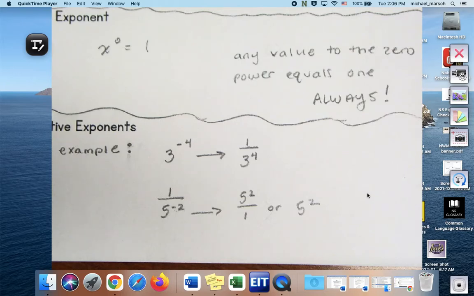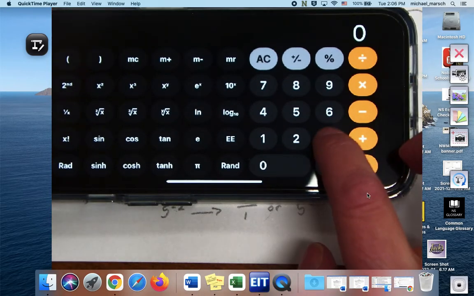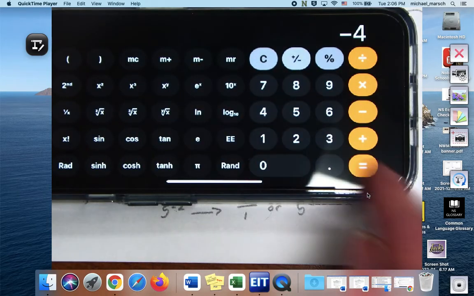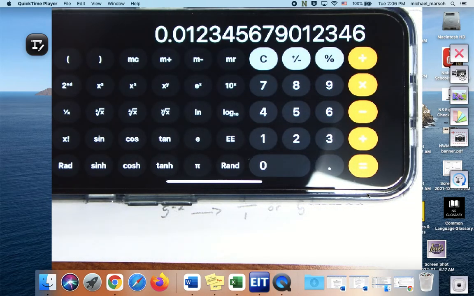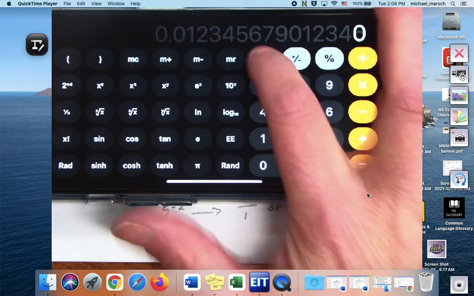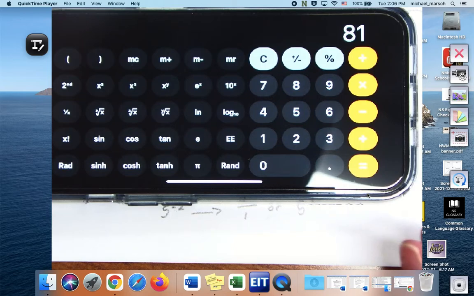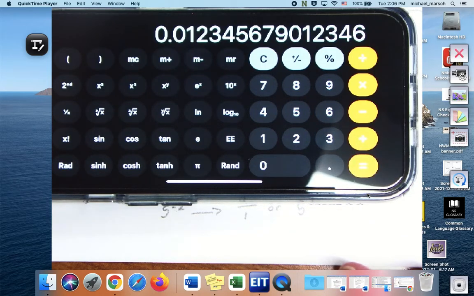Can you guys see that okay? 3 to the negative 4, I get this number. You see it? 0.0123456 and so on. It's a really tiny number, right? Super tiny. If I do 1 divided by 81, which is what Avery decided 3 to the 4th is, and he's correct, I also get that same number.